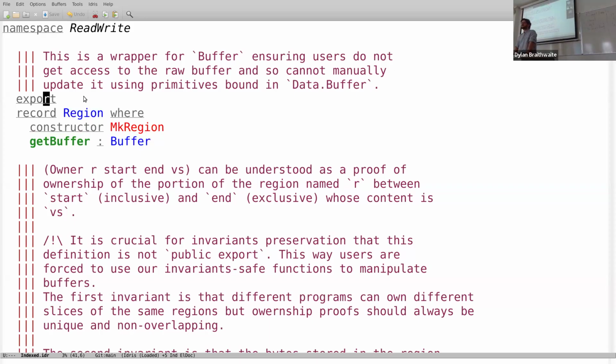It's not publicly exported, which means that the client can never open regions. So they're completely abstract. They cannot compare them for equality. They cannot inspect their content, which means that there shouldn't be any way for the clients to violate the invariants that we're going to enforce through the types by poking at the data directly and making observations.